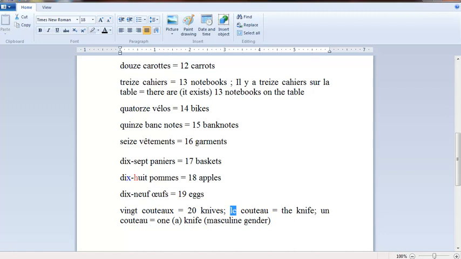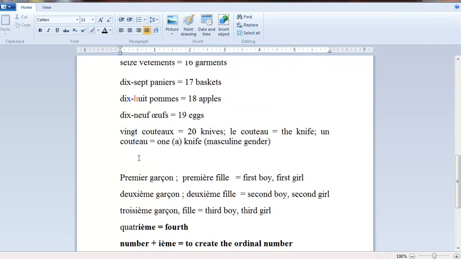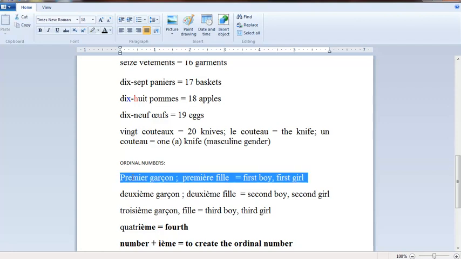Okay, now we're going to talk here about ordinal numbers. In French, of course. Premier garçon, it means first boy.